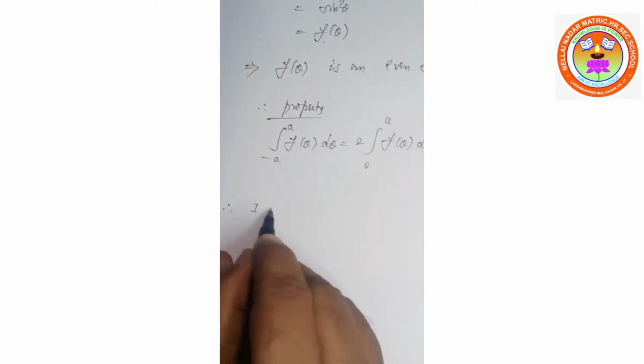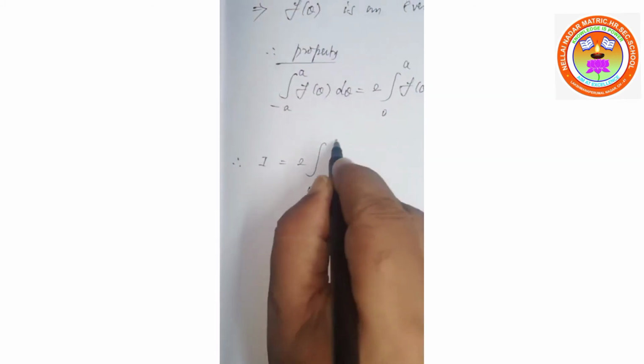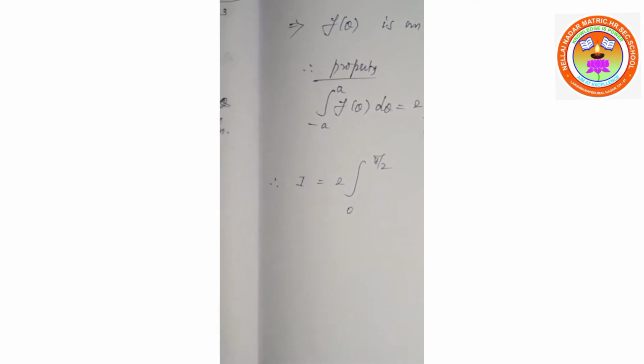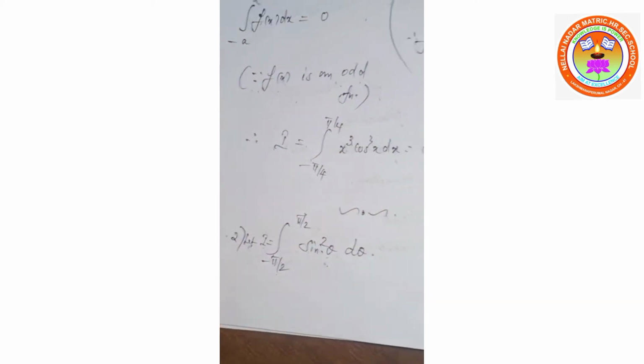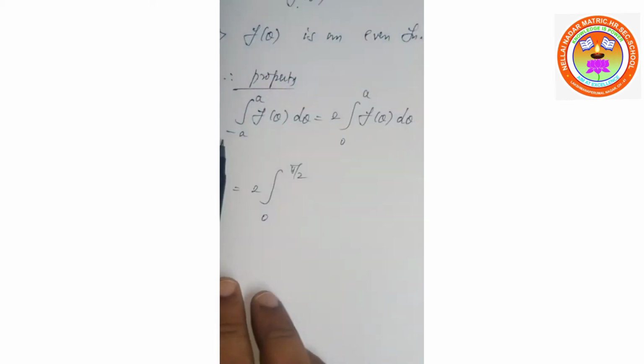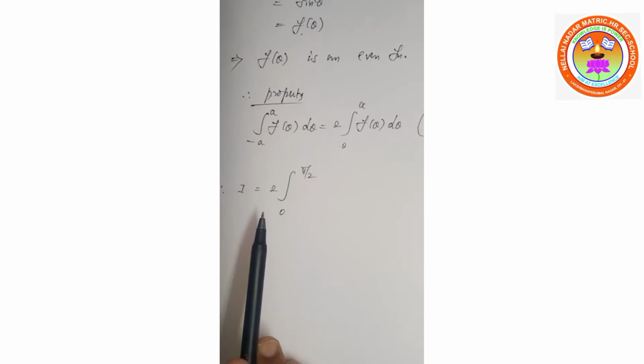Therefore, the given integral I equals 2 times 0 to pi by 2. Please listen. Minus pi by 2 to plus pi by 2 becomes 2 times 0 to pi by 2 according to this property. Minus a to plus a becomes 2 times 0 to a. So minus pi by 2 to plus pi by 2 becomes 2 times 0 to pi by 2 of f of theta. What is f of theta? Sine square theta d theta.